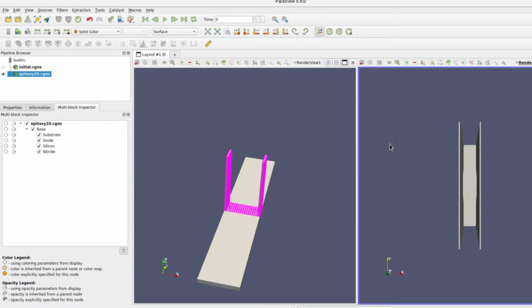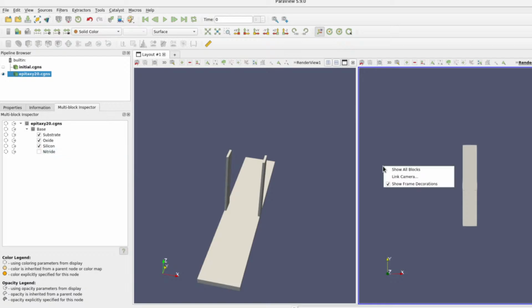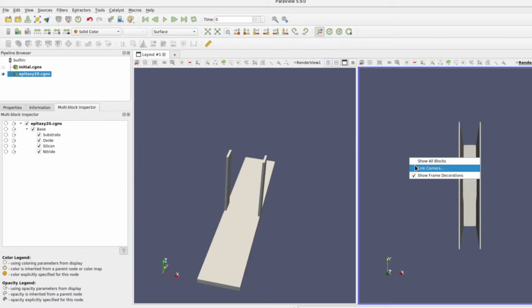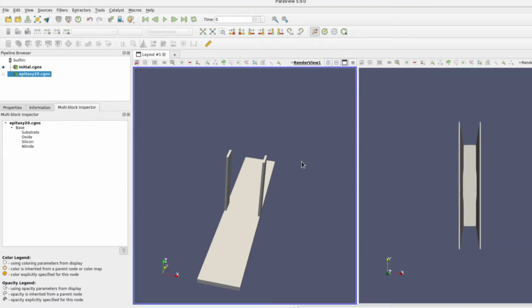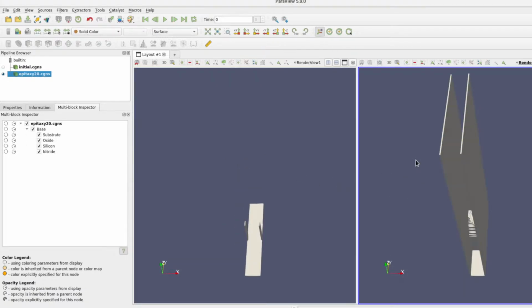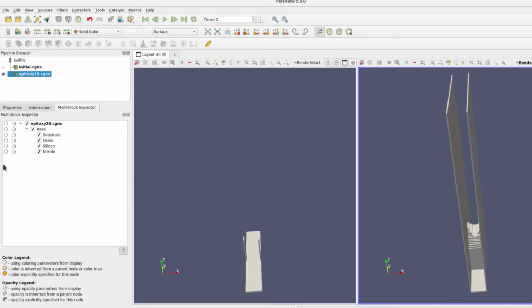Yes, there is another one, and let me just eliminate the nitride. And now share the camera.